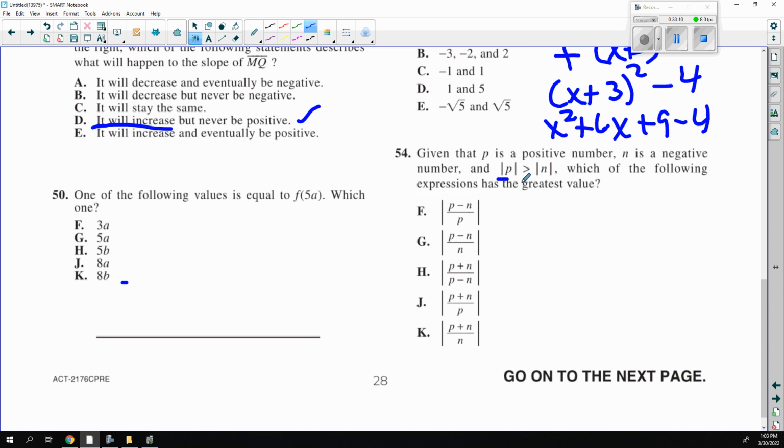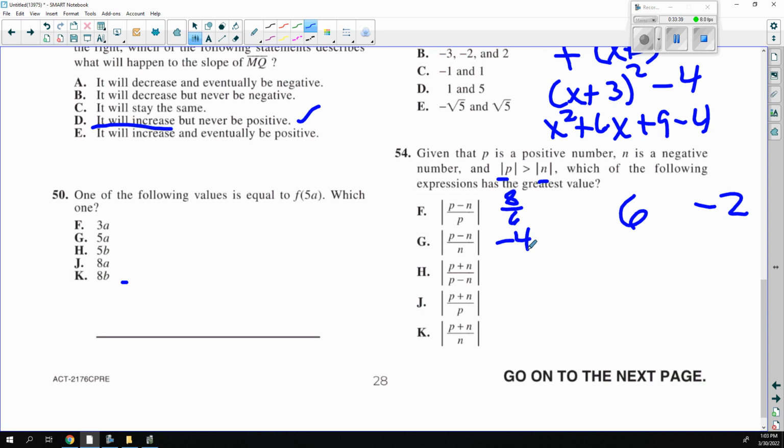I make up numbers. N is a negative number. P is a positive number. So how about 6 is P and N is -2. So this one would give me 8/6. This one would give me 8/-2. Remember, it's the absolute value.